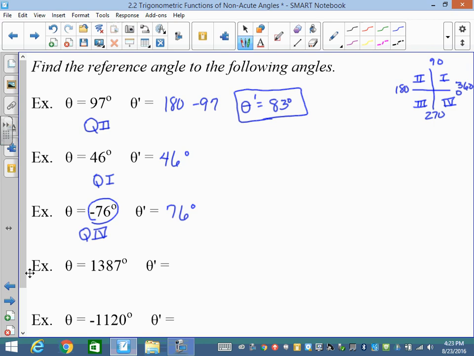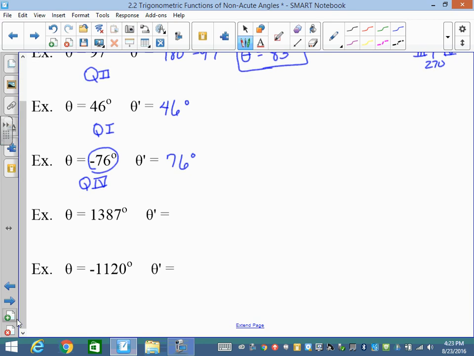Now, the next one, 1387. Let's see, what quadrant are we in? Well, we got some work to do here because we have coterminals going on. So if I was to take, let's work some over here, 1387 and divide this by 360, we would get 3.85 something.